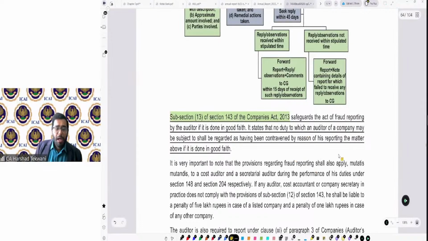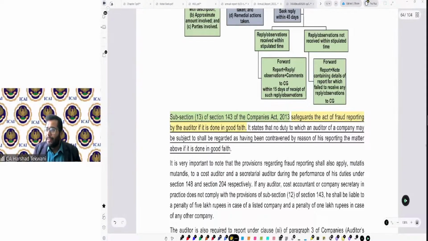For example, some companies might say that the auditor has breached confidentiality, or that they did it to tarnish the image of the company. But 143(13) of the Companies Act safeguards the act of fraud reporting done by the auditor in good faith.